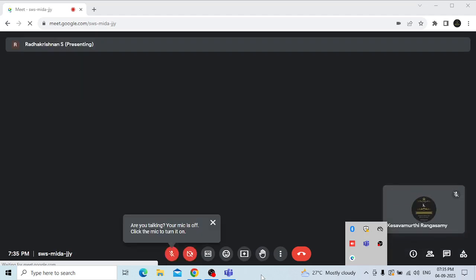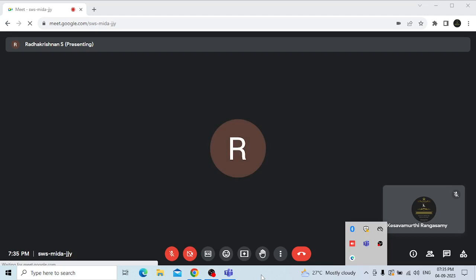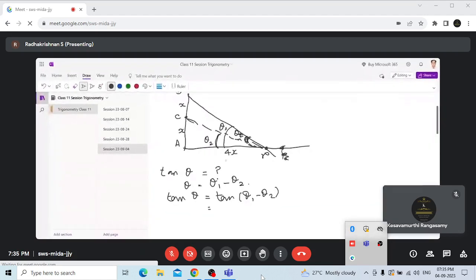See, we want to determine theta. We know this angle theta 1 and theta 2. Tan theta 1 and tan theta 2 we can easily determine, because from this diagram the opposite side and adjacent sides are known. Because this theta is equal to theta 1 minus theta 2, therefore tan theta is tan of theta 1 minus theta 2. You see?